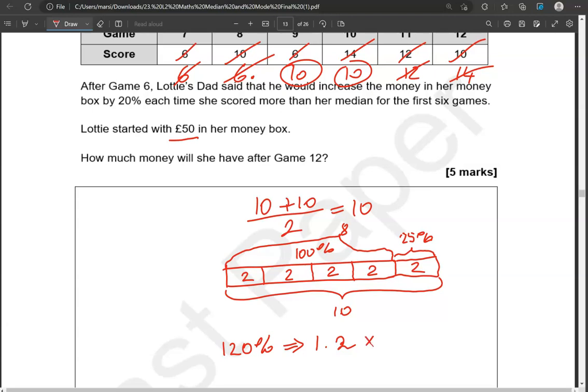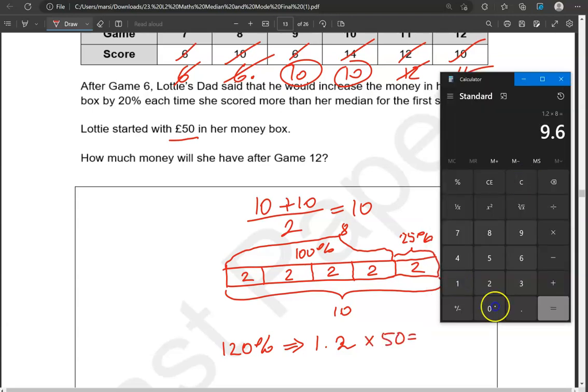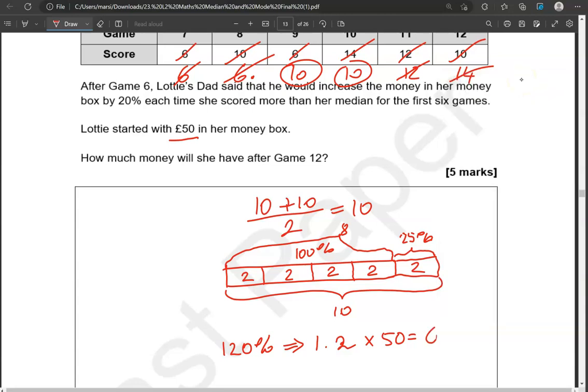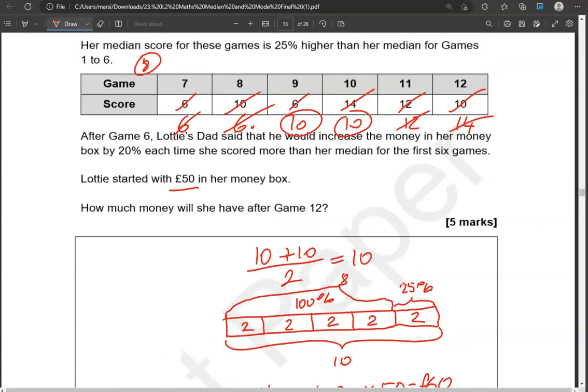So 1.2 times 50 gives us 60. So that is £50 with a 20% increase. So after the 8th game, she has £60.